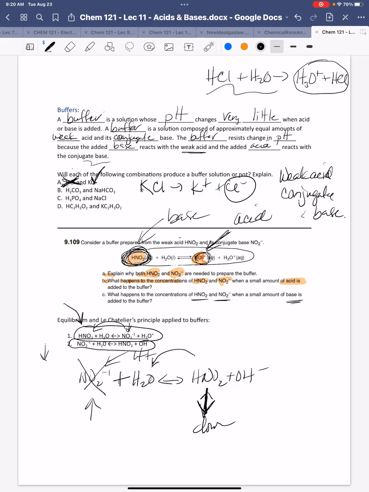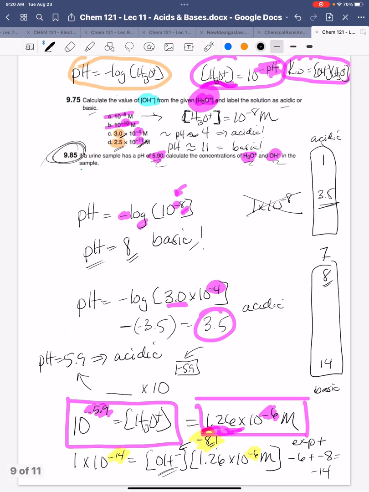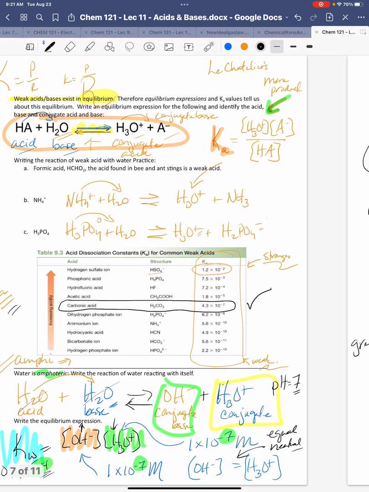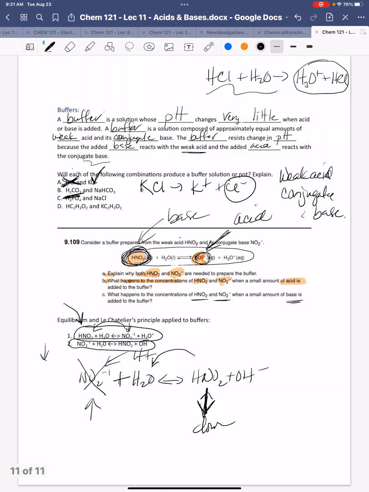When I look at this right here, you might not know that it's a weak acid, but you go back to our chart of weak acids, and there's the carbonic acid right there. Carbonic acid is a weak acid, so that meets the first criteria. So far so good. NaHCO3, is that the conjugate base?